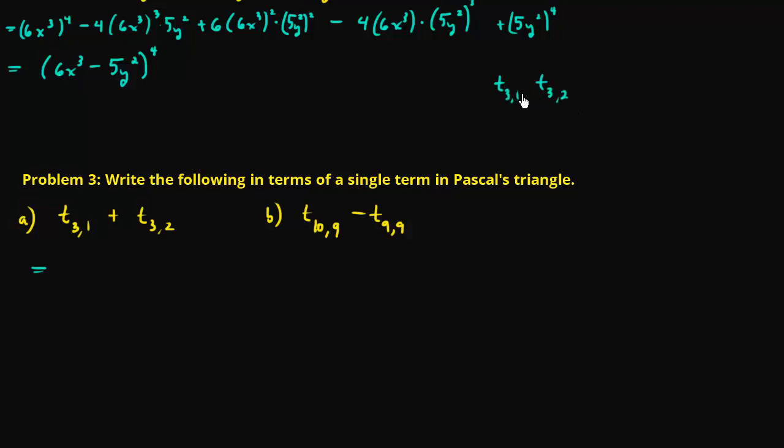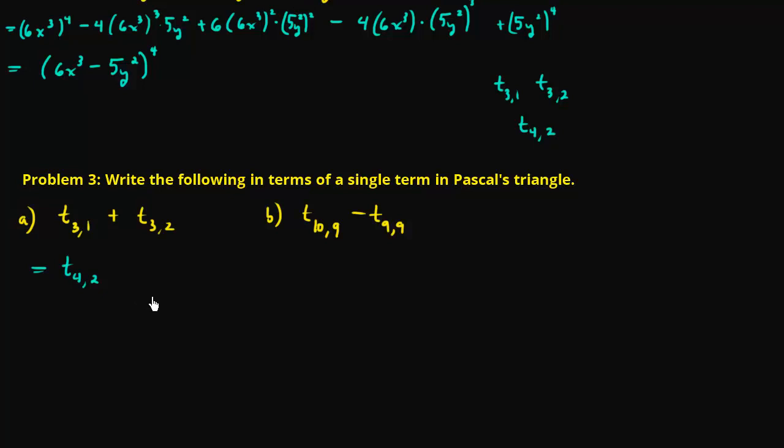These two terms are in the same row, but they're in adjacent diagonals. So if I add them together, it'll give me a term that's in the next row of Pascal's triangle. This would be T4,2. So this is equivalent to a term in row number 4, diagonal number 2.